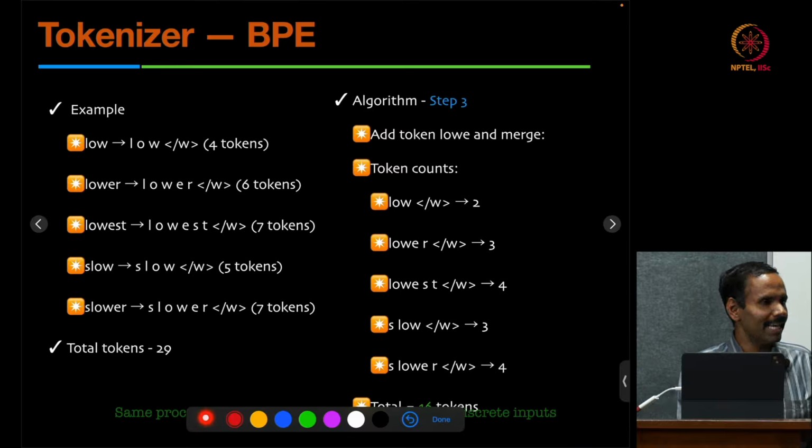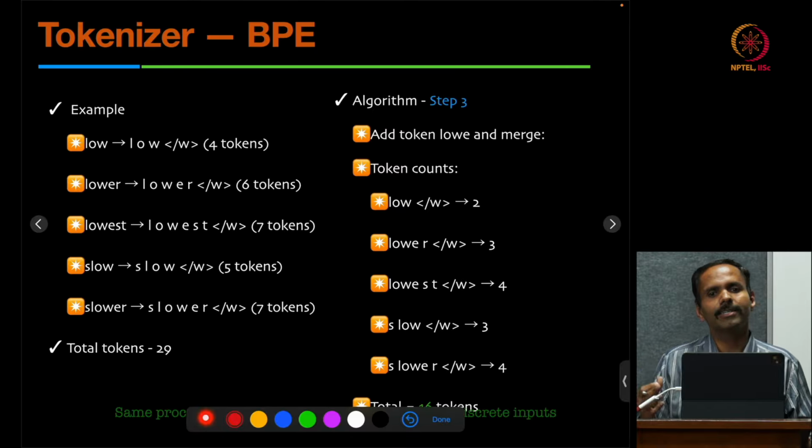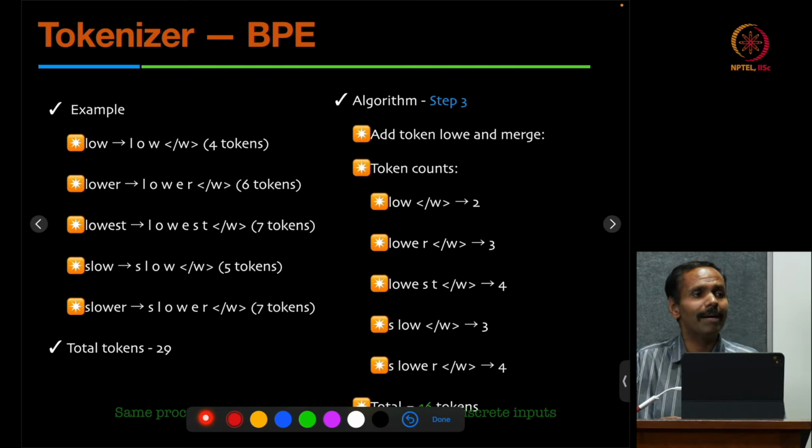So the more the data, the more the representation of certain regularities in the data, the larger the unit becomes in the modeling world, and the more semantic the model becomes, right? Because you have moved away from, let us say, L, O, and W being separate entities to the word low or to the word slow and so forth. Now they become meaningful.